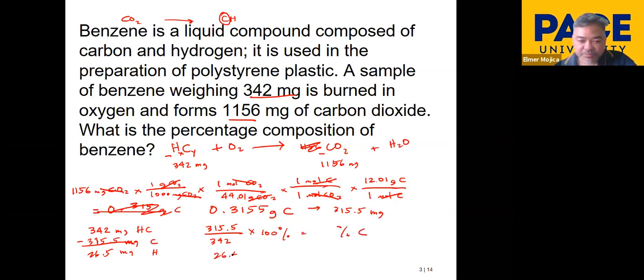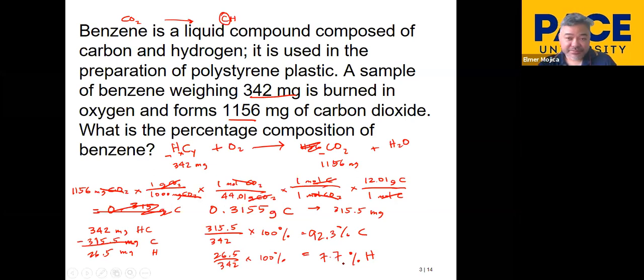Now, 26.5 divided by 342 times 100, that's the percentage hydrogen. So if we're going to look at this, this is 92.3%, and this is 7.7%. So that's how you work hydrocarbon problems wherein you determine the carbon dioxide and water.